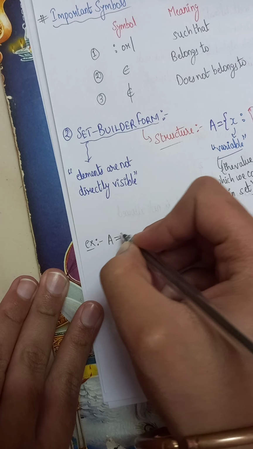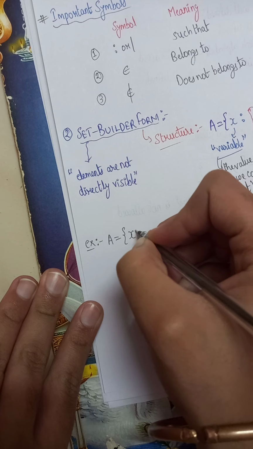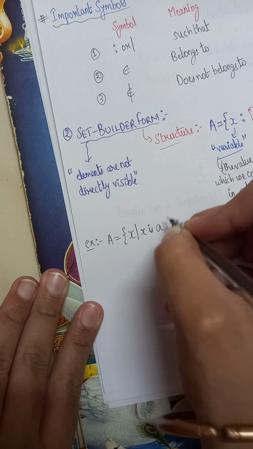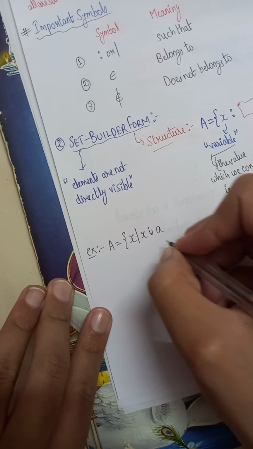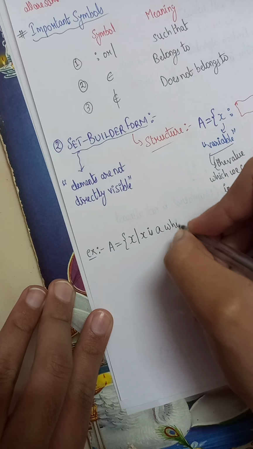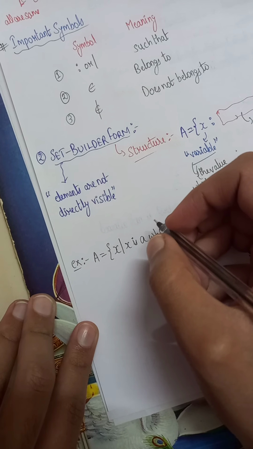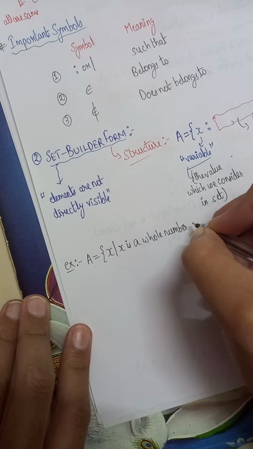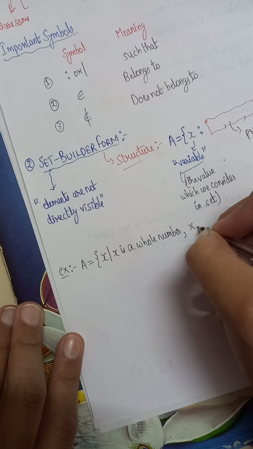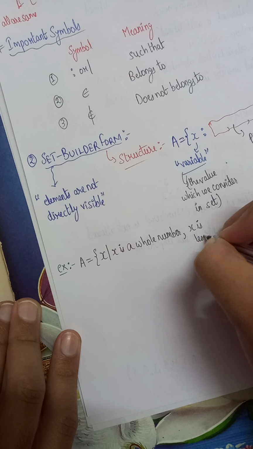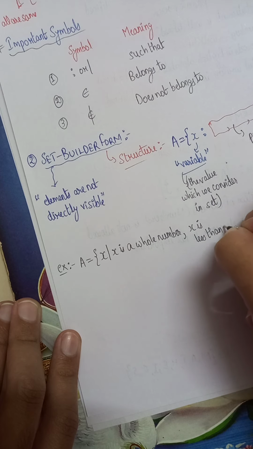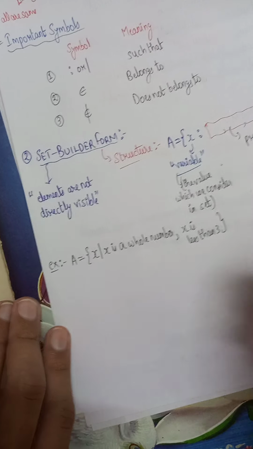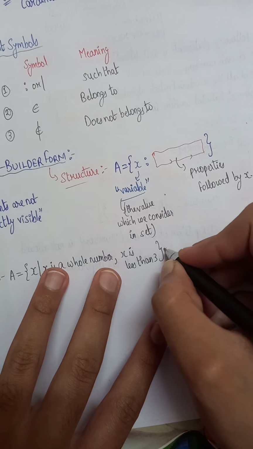A is equal to X such that X is a whole number and X is less than 3.